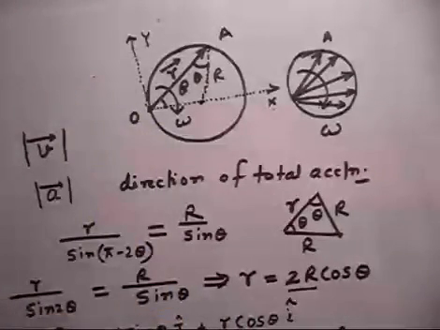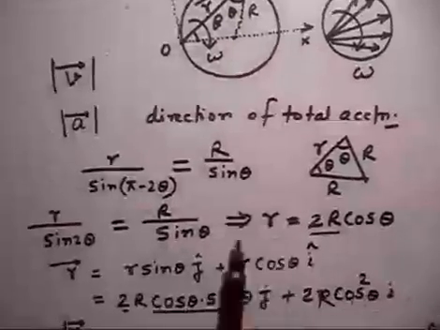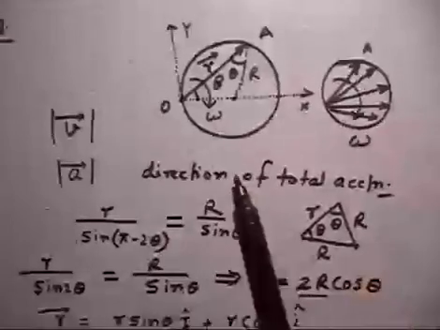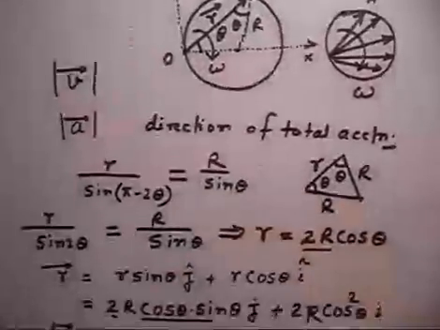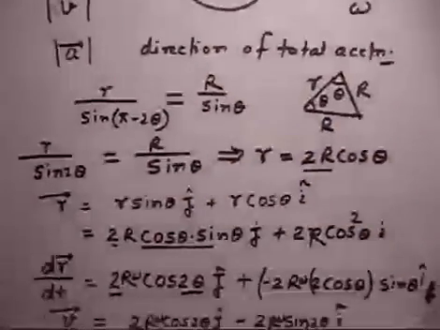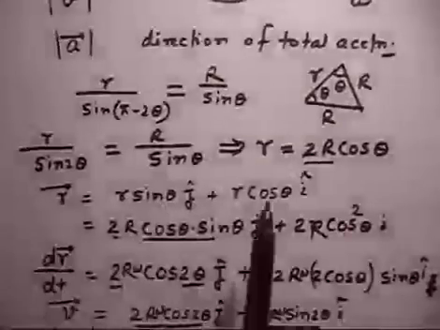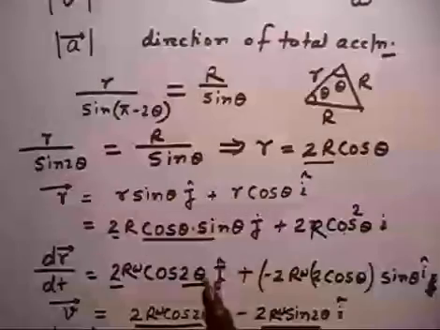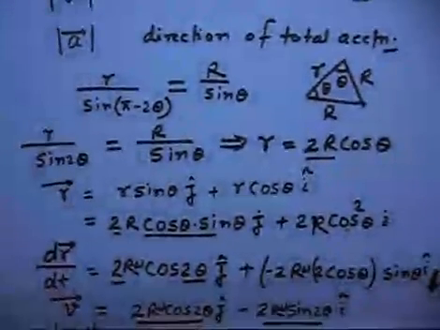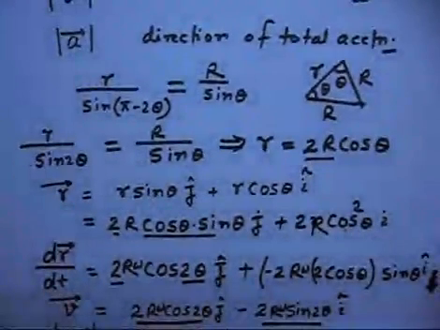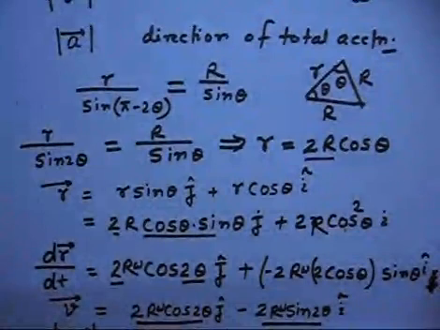Then we used the sine rule. To find r, I have to use this sine rule. Using the sine rule, we found r and then we retained this radius vector. That is the important part. And after that, everything is mathematics. You can solve this mathematics and you will find the answer.